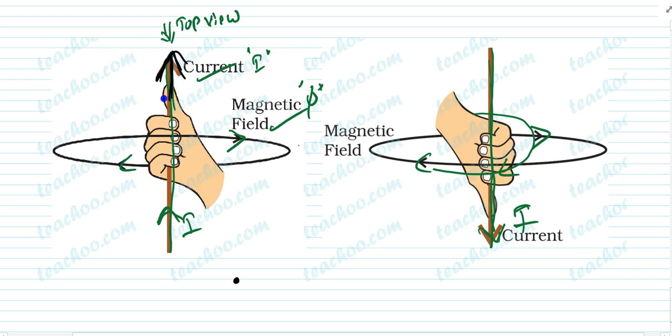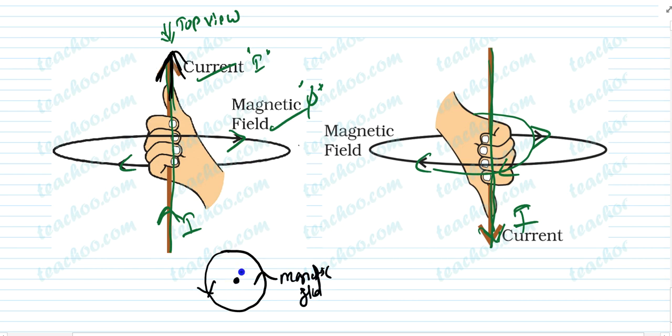The arrow tip is represented with the dot point. And the direction shown from the top view is anti-clockwise, which is the direction of the magnetic field. From the top view, the dotted point shows the current direction.